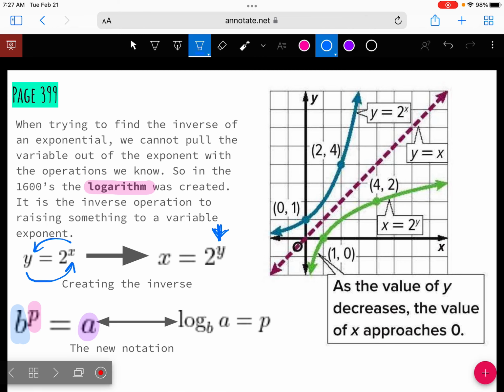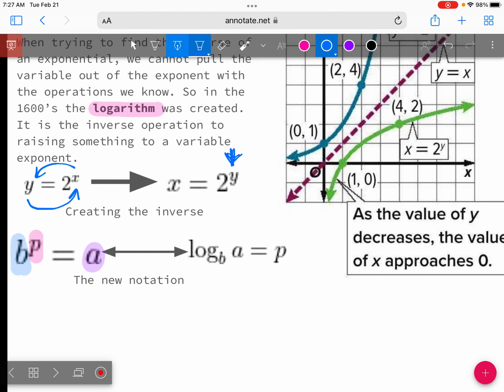So I'll write those words here so that you can see them. And this is how we're used to having it, where we have our base, same base we used in exponentials, and our power. We've used power before. That's a word we know. The A, we have that stand for the argument. It's what it equals. Argument.